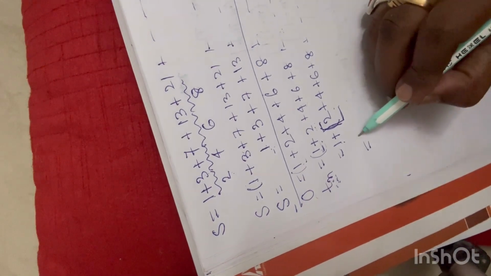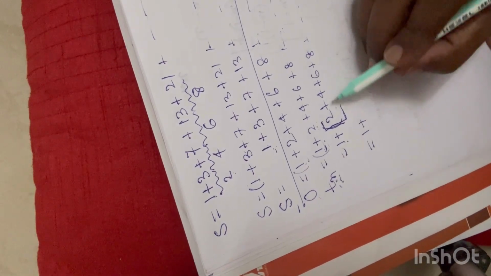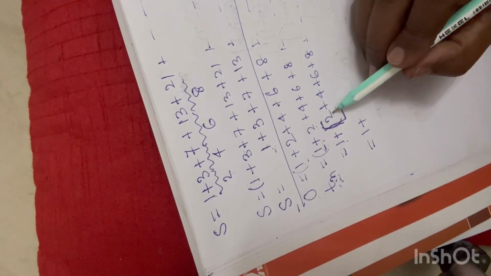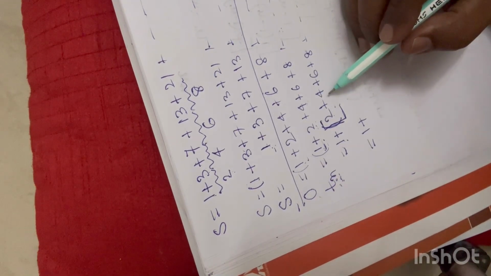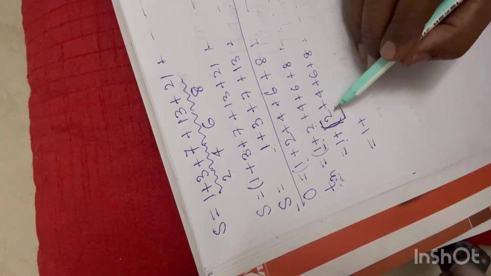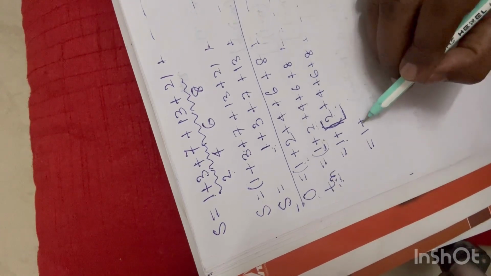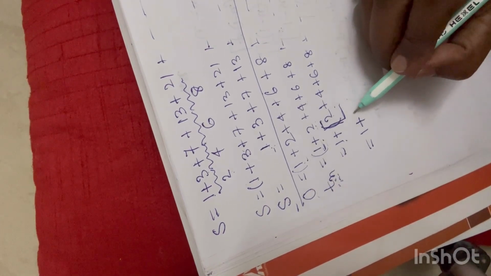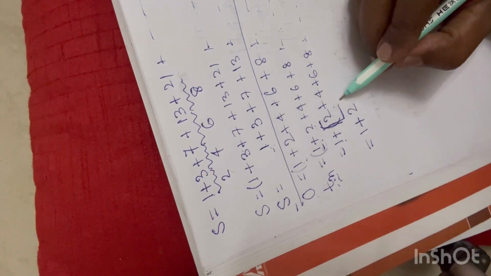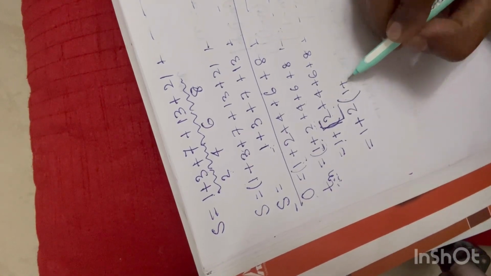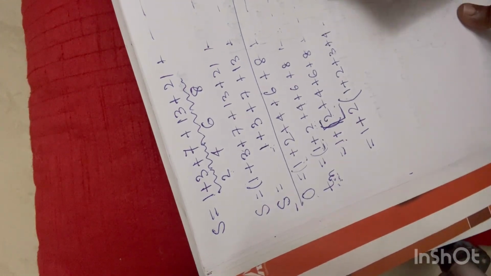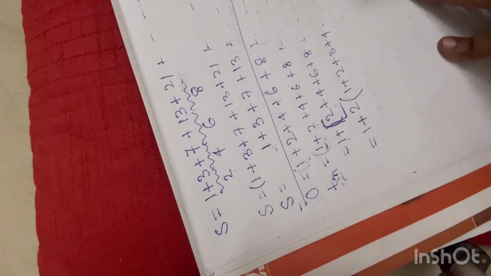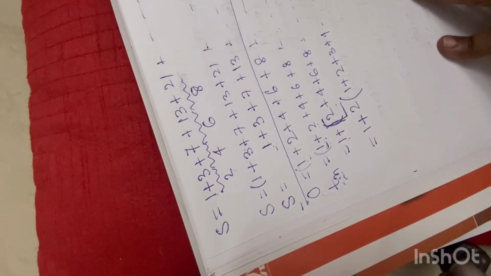By doing so, you can see that this series is nothing but the series of even numbers. Now without making much complication, if I take 2 out, this will turn into a natural series extended up to the n minus 1th term.